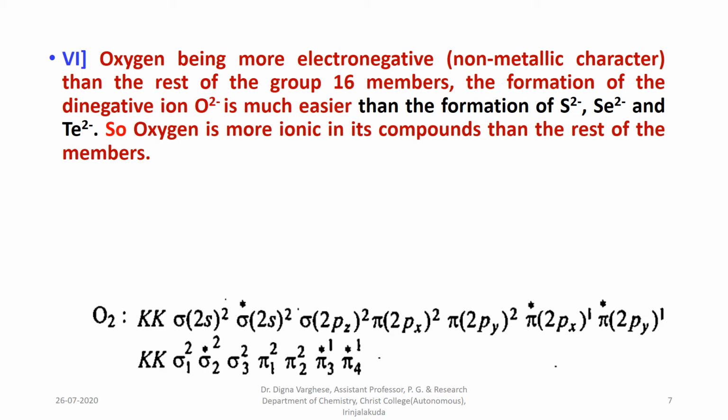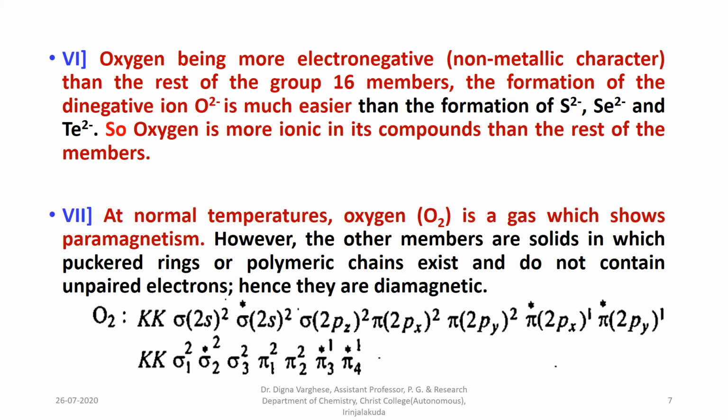We know the electronegativity value of oxygen is 3.5, and the formation of the dinegative ion O2- is much easier than that of S2-, Se2- and Te2-, because a highly electronegative element like oxygen has a tendency to attract more electrons towards the atom, but for the others the electronegativity value decreases, so the attractive power of the atom decreases. And also from top to bottom the metallic character increases.